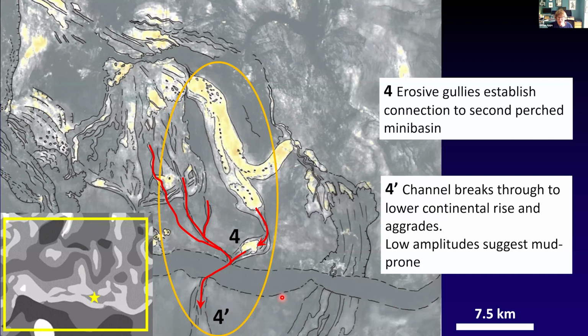So we see evidence that the flows are not ponded by the topography at this stage. There are tributary gullies which cut through the fold belt and converge to pass through a single notched exit point in the frontal fold. And the low amplitude area in front of the incised slope gully does have a very distinctive amplitude variation associated with the linear thick on the lower continental rise in front of the canopy.